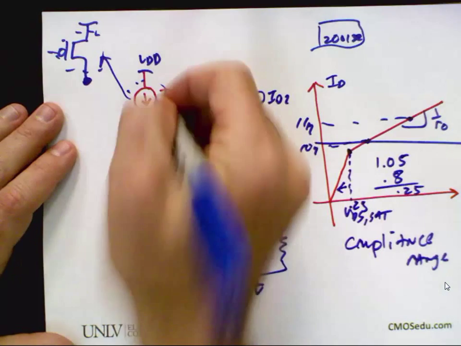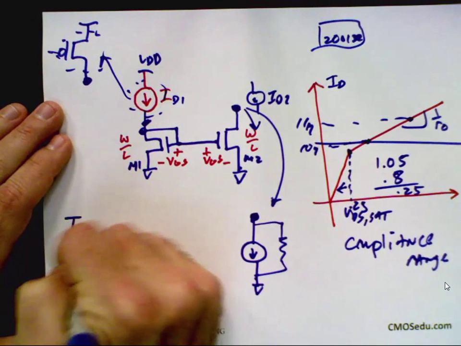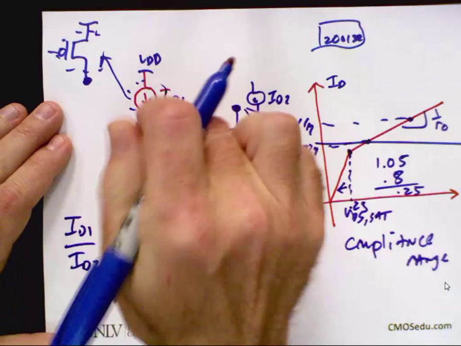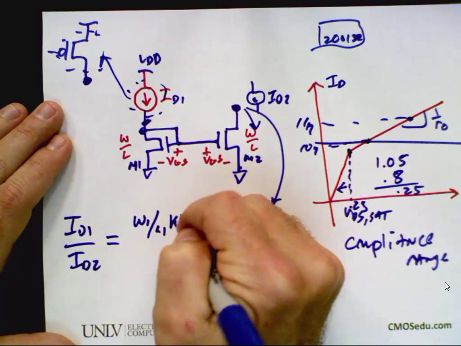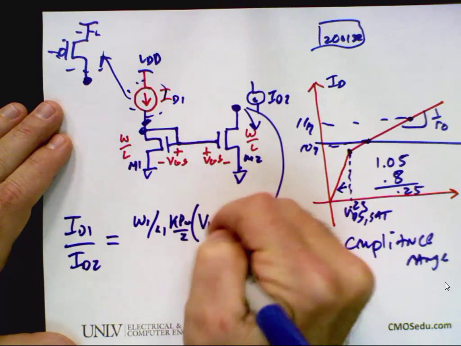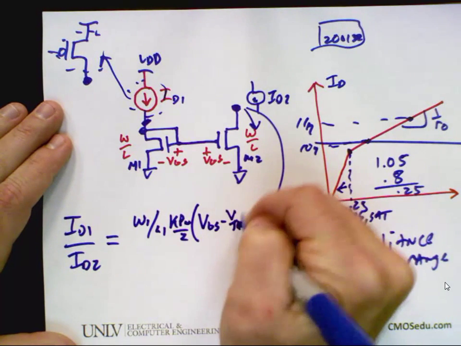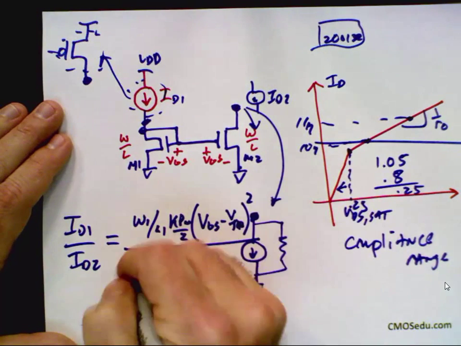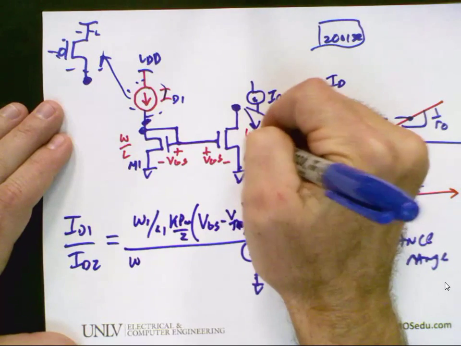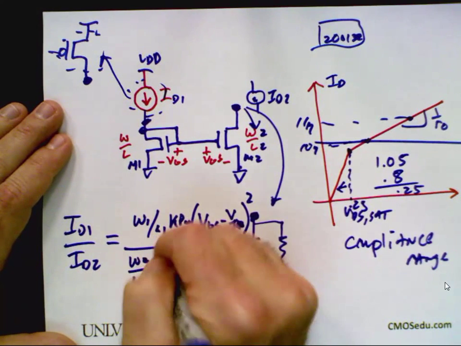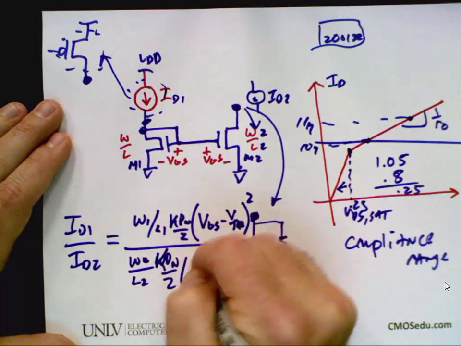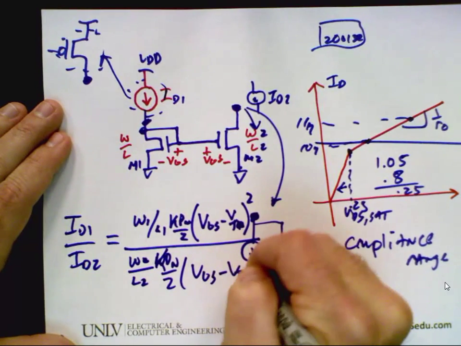Okay, so I have ID1 over ID2. I'm going to look at that ratio. I'm going to write this transistor as W1 over L1 times Kp sub n over 2 times (VGS minus V threshold n) squared, all divided by W2 over L2 times Kp sub n over 2 times (VGS minus V threshold n) squared.